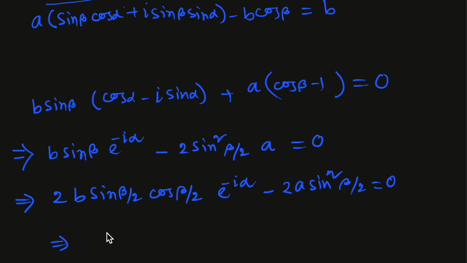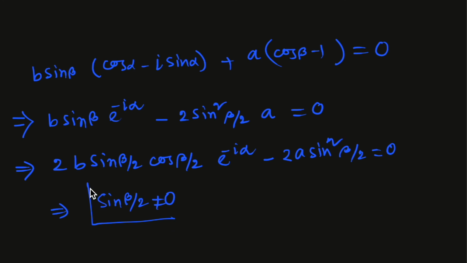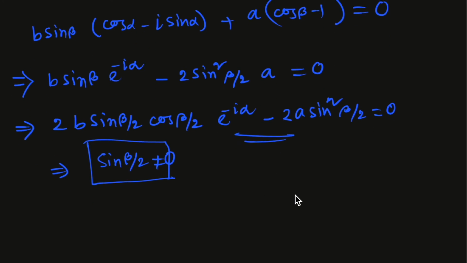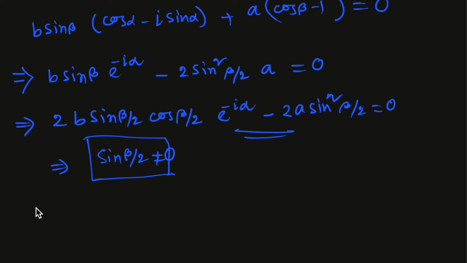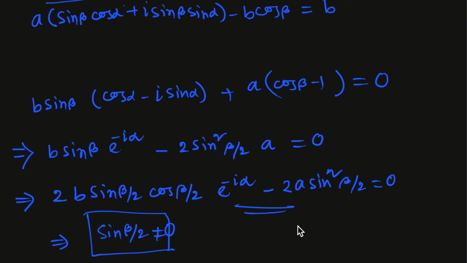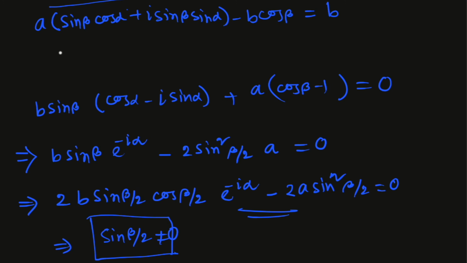Since this equation holds for any arbitrary beta, sin beta by 2 is not equal to 0. That means b cos beta by 2 e to the power minus i alpha is equal to a sin beta by 2. And the same relation we will get from equation 2.